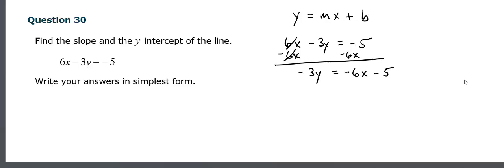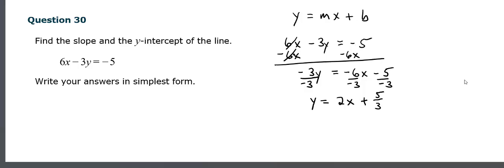So in solving for y, we need to divide each term by -3. So this would give us y equals, now -6 divided by -3 is a +2. And remember, -5 over -3, a negative over a negative is a +5/3.